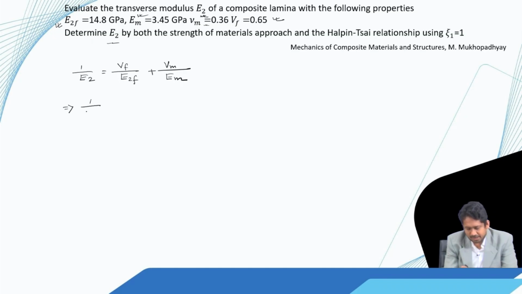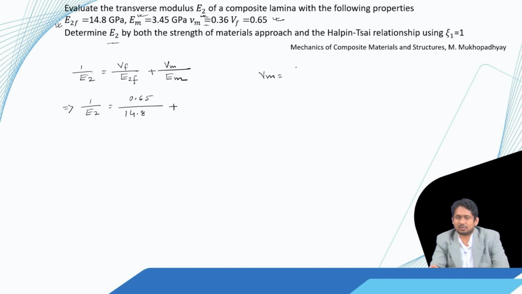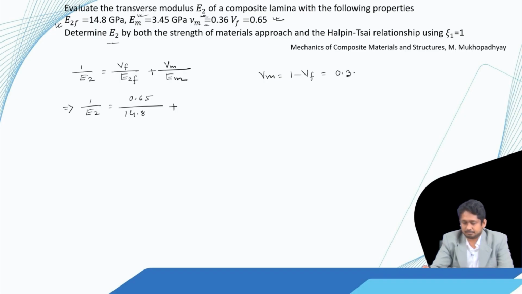So, 1 by E2f, E2 remains as it is, this is our unknown. Vf we have been given, that is 0.65, and E2f is 14.8 GPa plus Vm. So, Vm is, it is a two phase material, there is only matrix and fiber. So, 1 minus Vf, which is 0.35.